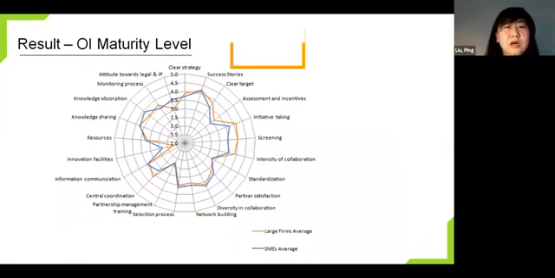And for the open innovation maturity level and corporate foresight maturity level, we also put all the results into radar diagrams. With this diagram, we can see the low aspects of the maturity level, and that also represents the areas to be improved by the companies.